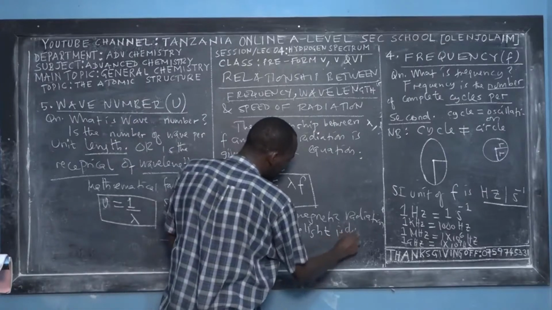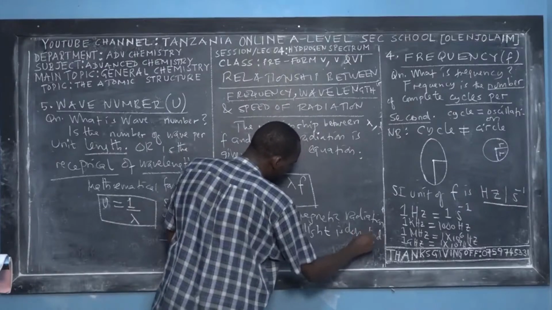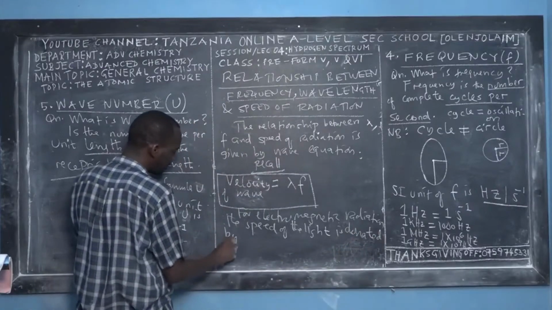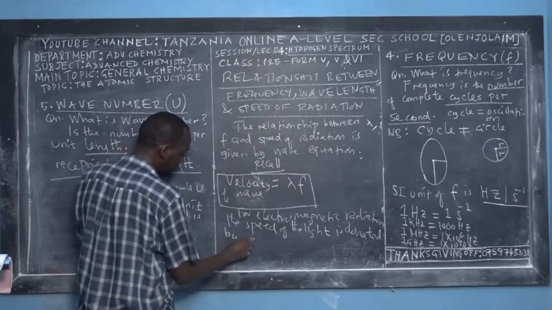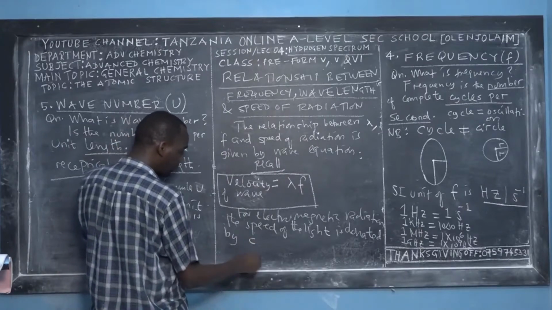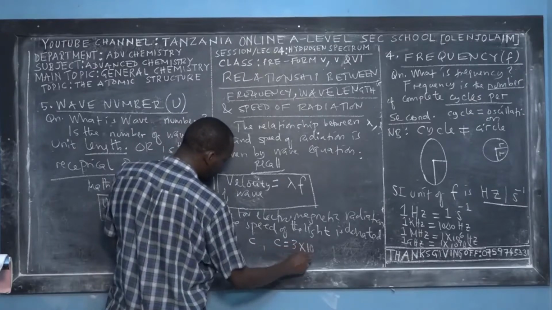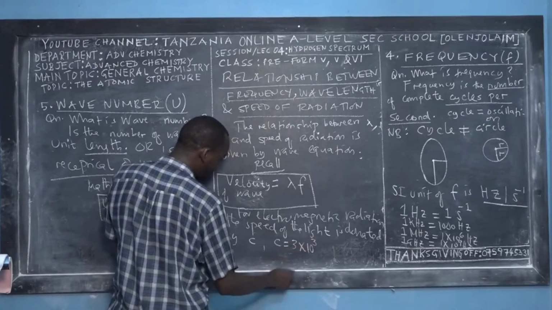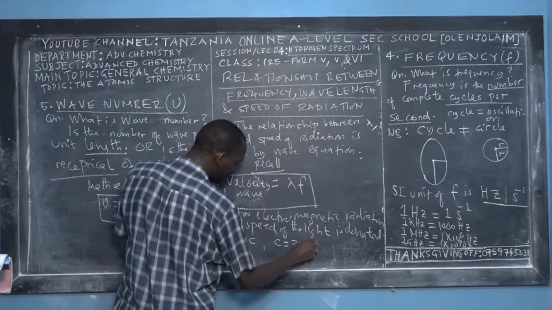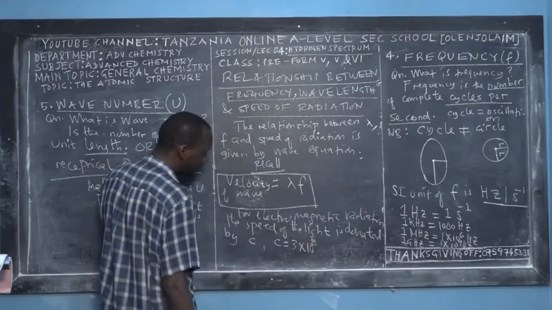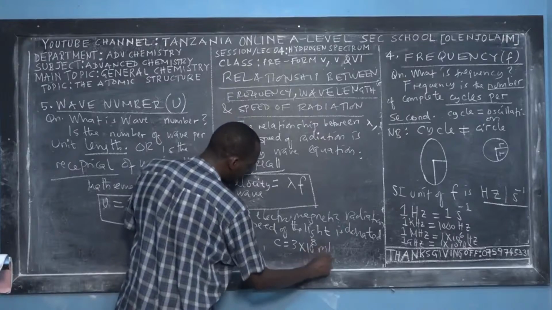is denoted by C. And its magnitude, C is equal to the speed of radiation, so speed of light, which is 3 exponent 8 meters per second.